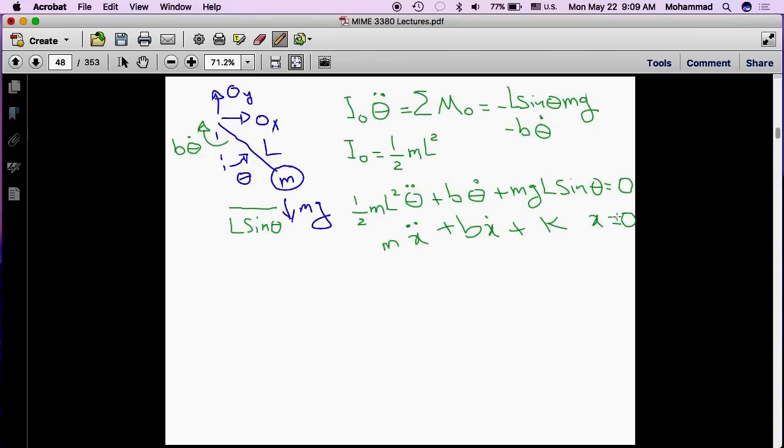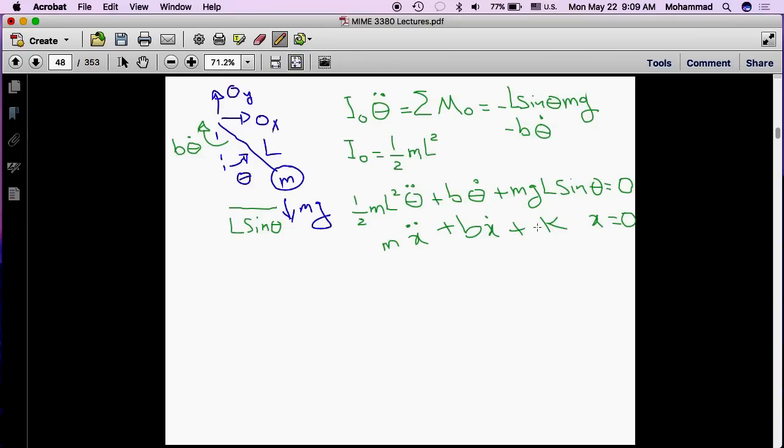They're all constant. But what makes it nonlinear is the fact that we have, what makes it nonlinear? Sine of theta. Sine of theta. If that was theta, even though it's rotation, it's still a linear differential equation. But sine of theta is what makes it a nonlinear differential equation.